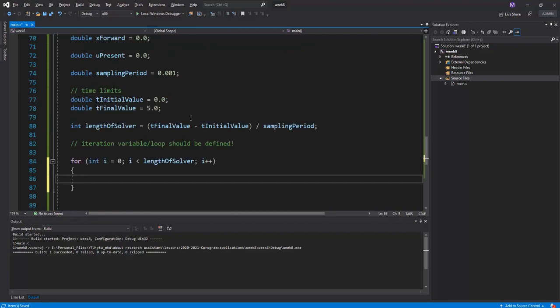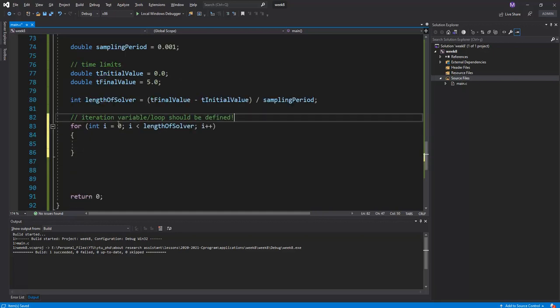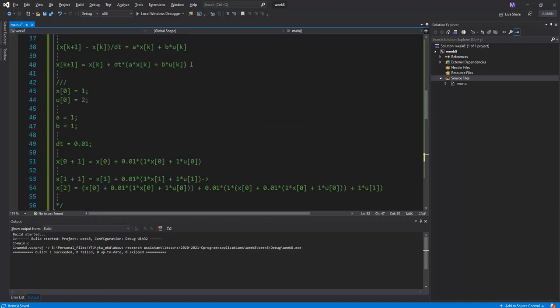And so we need to use detailed mathematical notation in here as an engineer, because the engineer solves the problem with the aid of mathematics, physics, and modeling techniques. Okay? And so the iteration variable or loop is done in here, and then our equation is that.